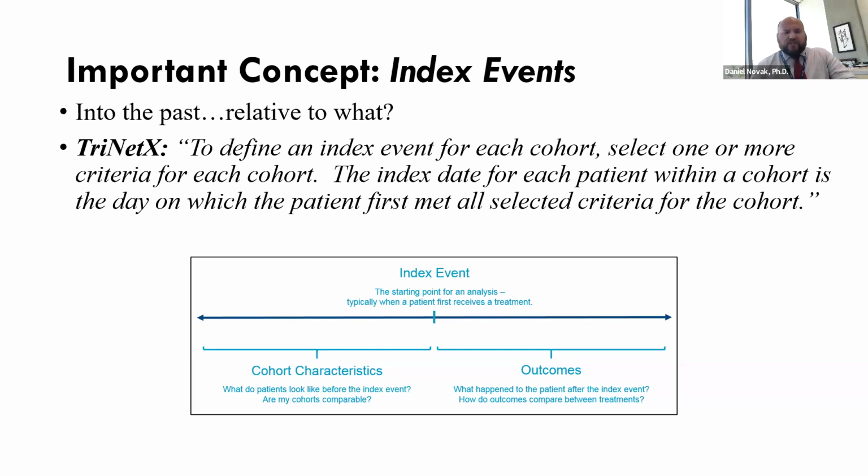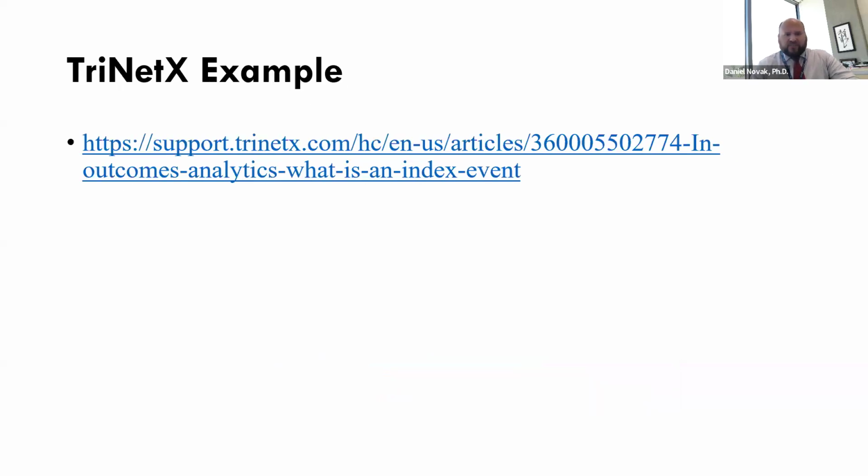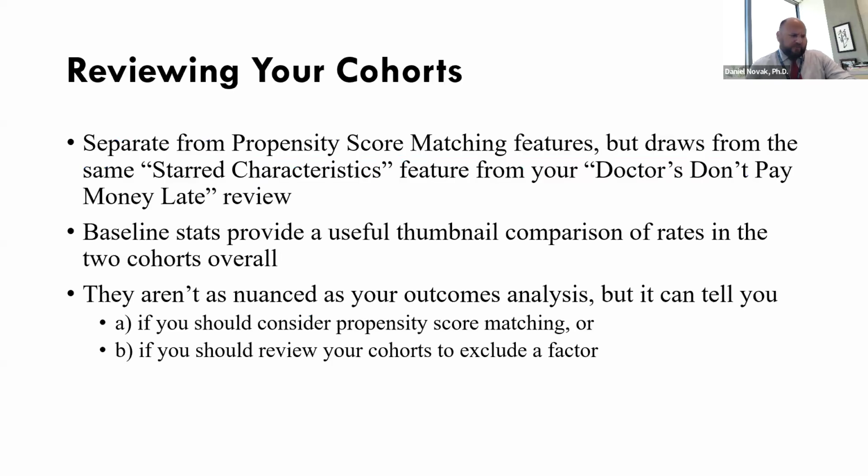The index event for each patient is the day on which the patient first met all selected criteria for the cohort. Please, if you get a chance, review this example on the TriNetX website, and I talked about it directly in session 3. It's very important to understand this concept very thoroughly. It's not necessarily intuitive just by looking at TriNetX; it kind of assumes you understand this concept already before you get started.